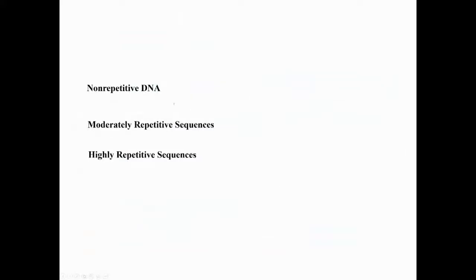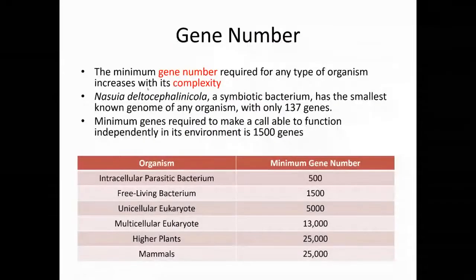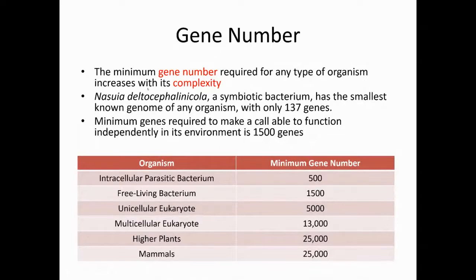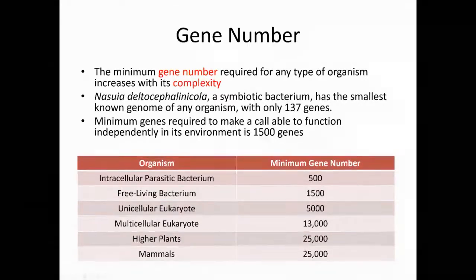Those sequences include non-repetitive DNA, moderately repetitive DNA, and highly repetitive DNA. The genes are mostly, over 90%, in the non-repetitive DNA. And the number of genes required for any type of organism increases with its complexity.